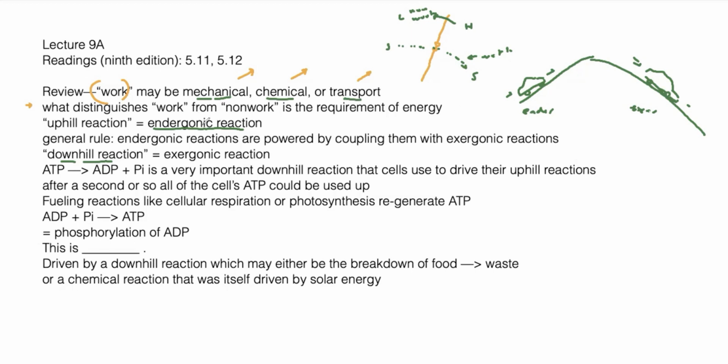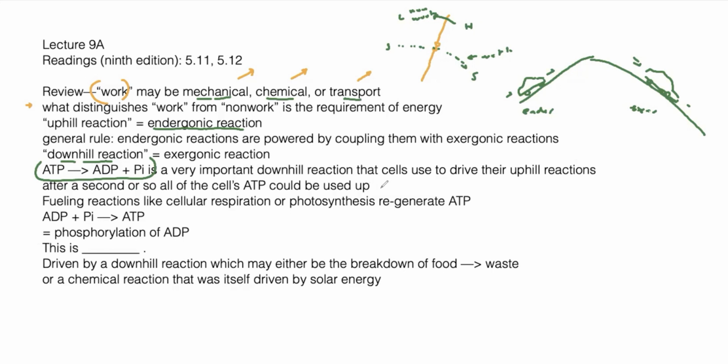And now, as it turns out, maybe the most important downhill reaction that we discuss in a biology class is the breakdown of ATP, adenosine triphosphate, into ADP, adenosine diphosphate, with 3 phosphates to 2 phosphates. What is changed is that we're breaking off a phosphate group.